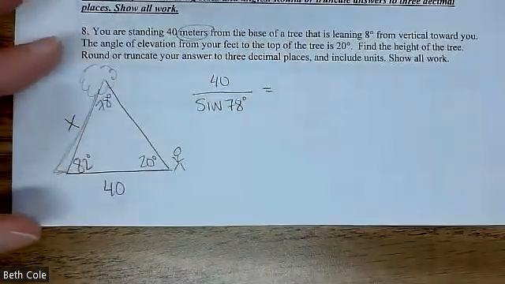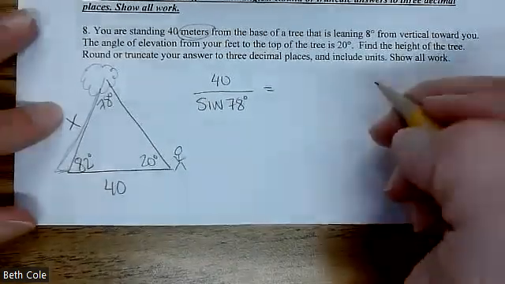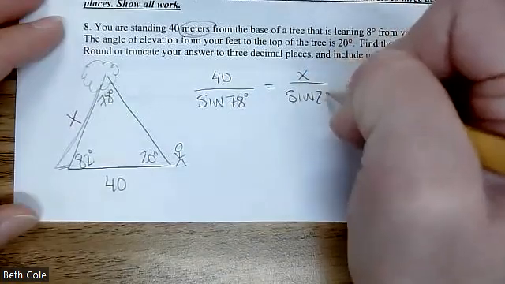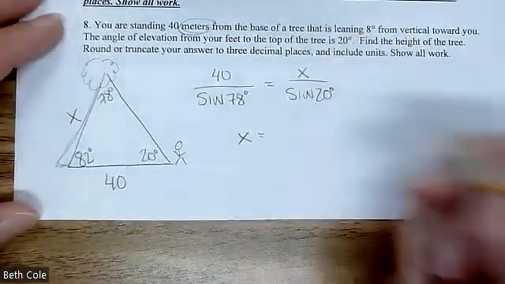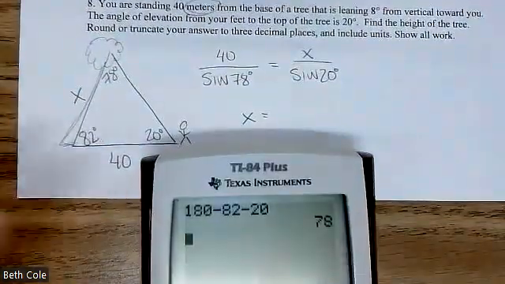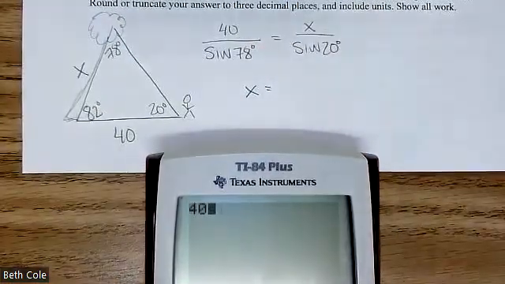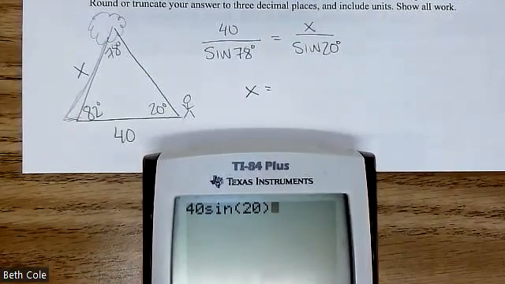It has to be what you're looking for on the other side. X over sine 20. And then how do you type that? You cross multiply, good, perfect. So it'll be 40 sine 20, divided by sine 78.